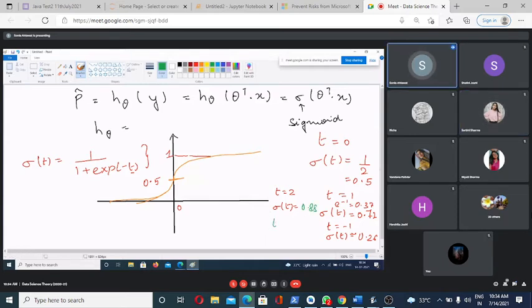If I'll say t equal to minus 2, what is the value of sigma t? 0.12. Okay, it is coming out to be 0.12. So class, let's talk about when t is equal to 0, sigma is coming out to be 0.5.